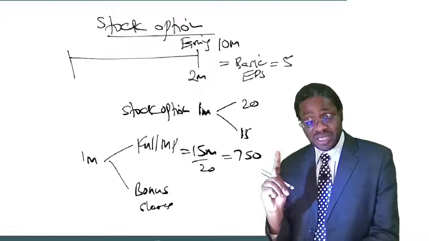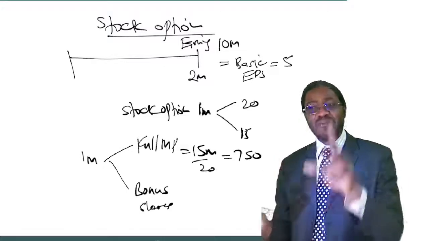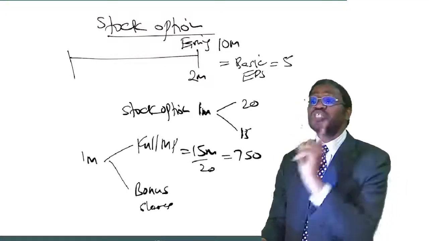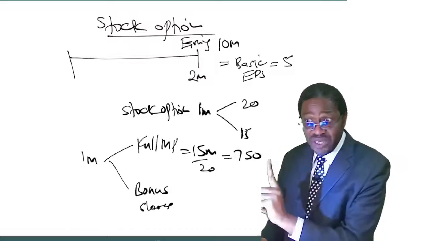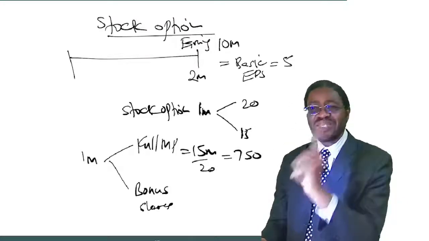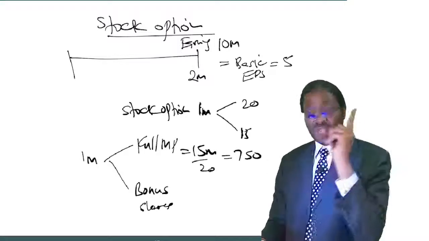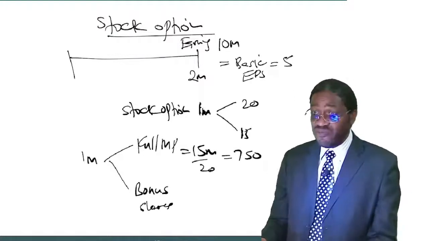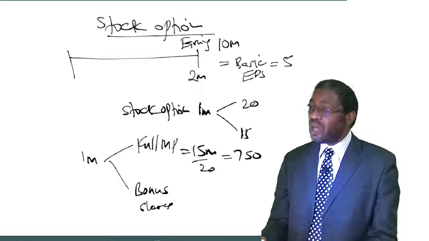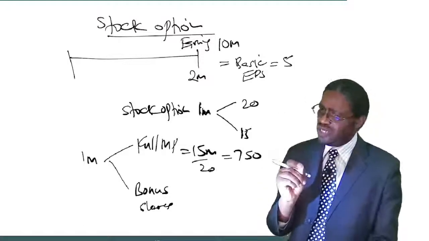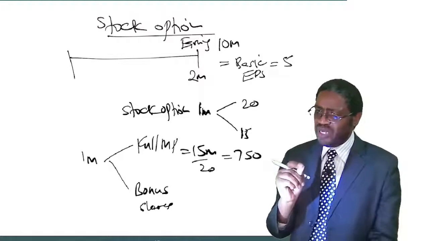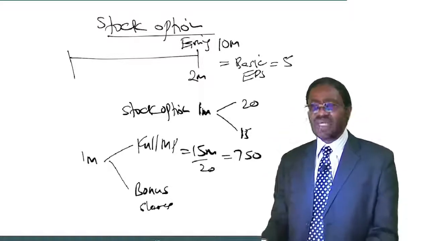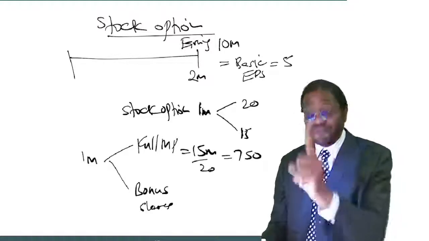But, listen, the moment they bring in 15 million to the company, we shall not give them 750. The moment they bring 15 million to the company, we shall give them how many shares? Obviously, we shall give them the 1 million. But out of that 1 million, it is obvious 750,000 shares will be given to them at full market price.